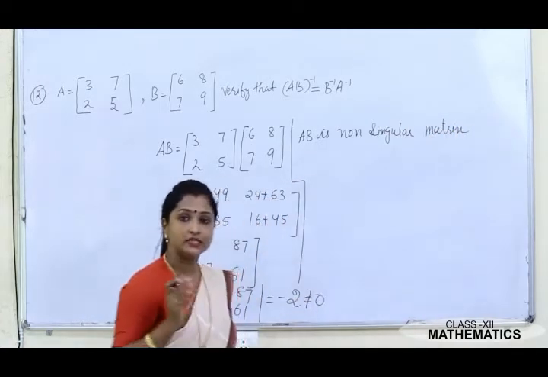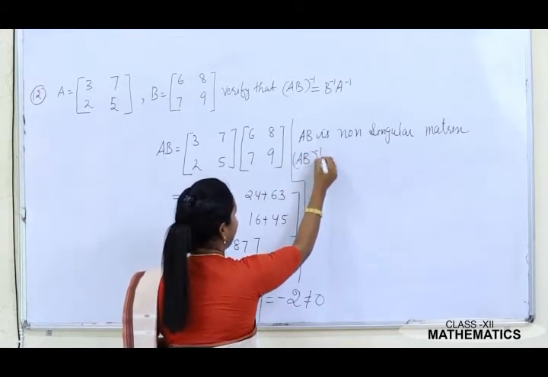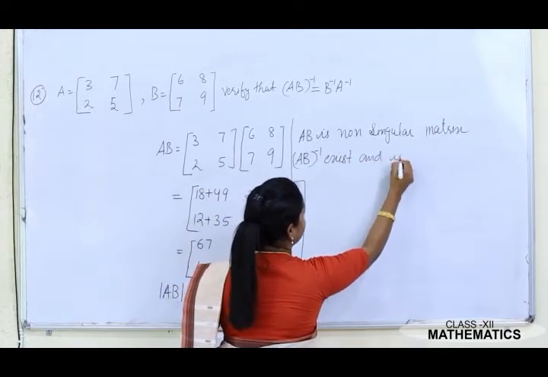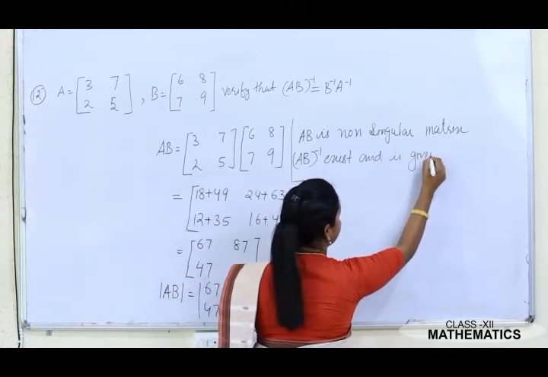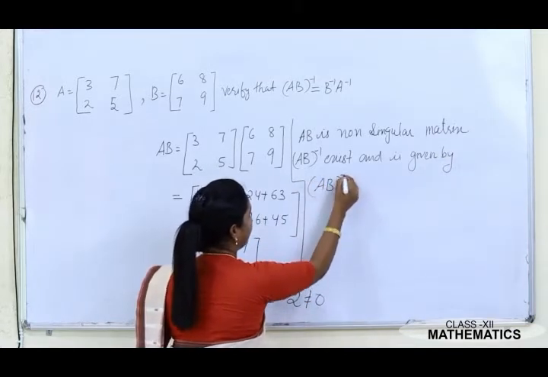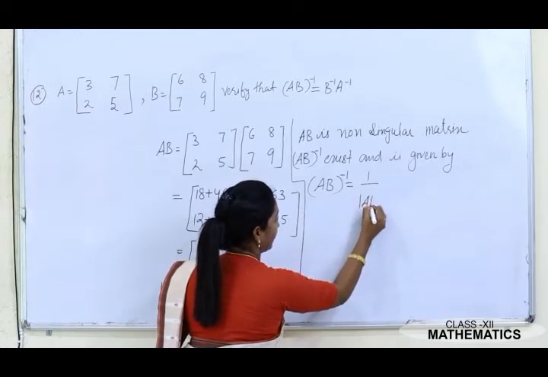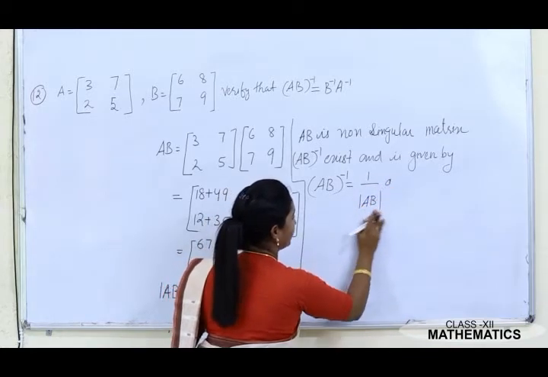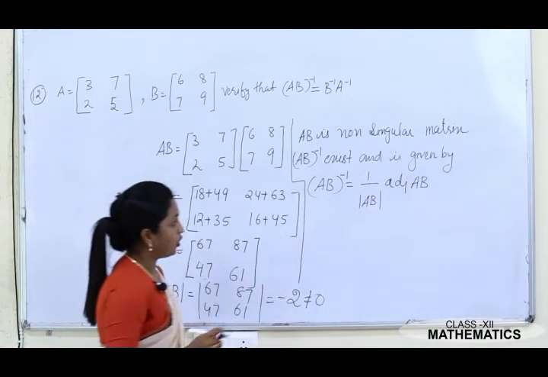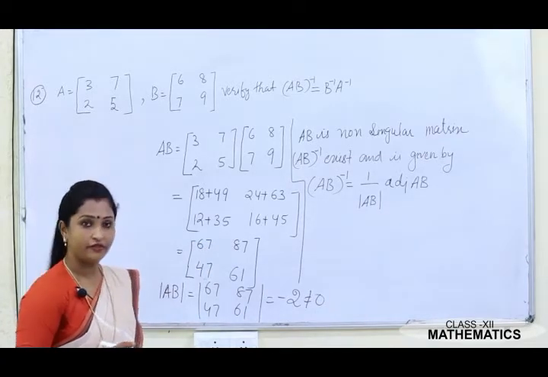Now when AB is a non-singular matrix, that means (AB) inverse exists and is given by (AB) inverse equals 1 by determinant of AB into adjoint of AB. Clear, children? (AB) inverse is 1 by determinant of AB into adjoint of AB.